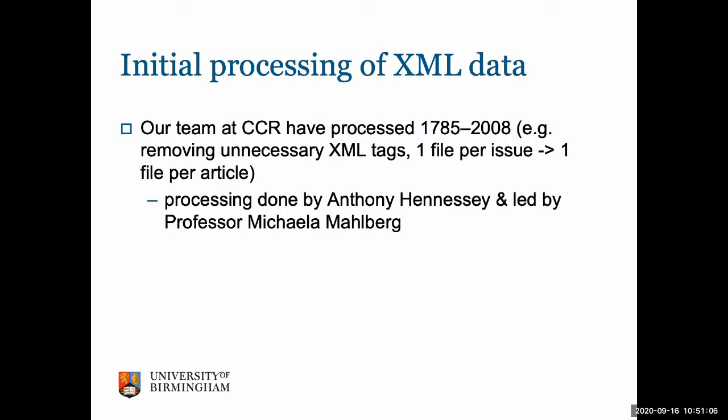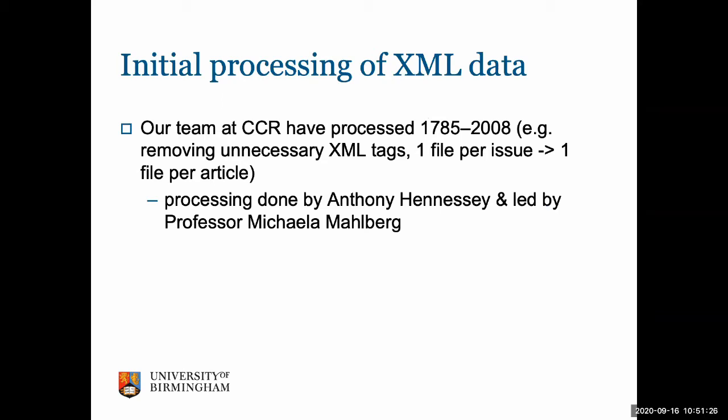A couple of years ago, our team at the Center for Corpus Research processed the full text for, at that point, the years 1785 to 2008. The resource, the TDA, is continually expanding, but that's what we've got processed so far.